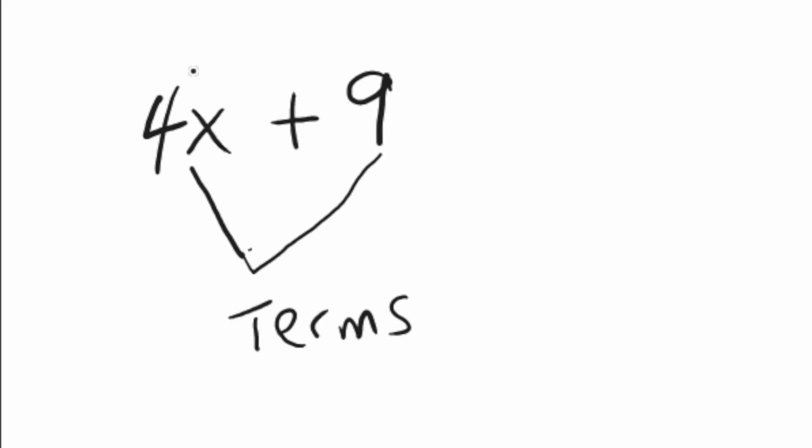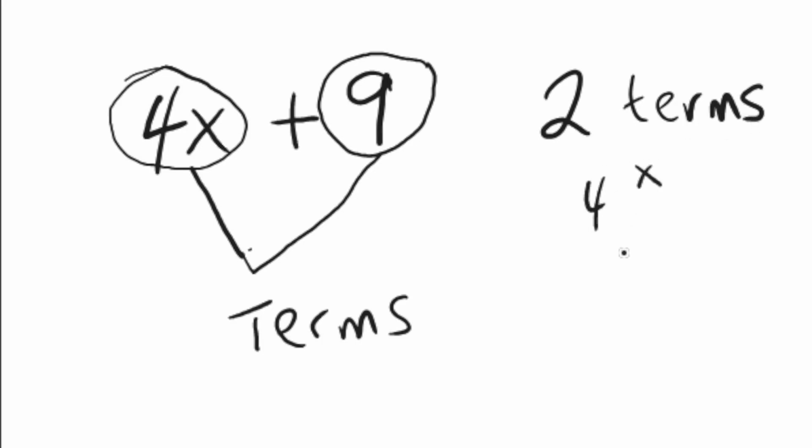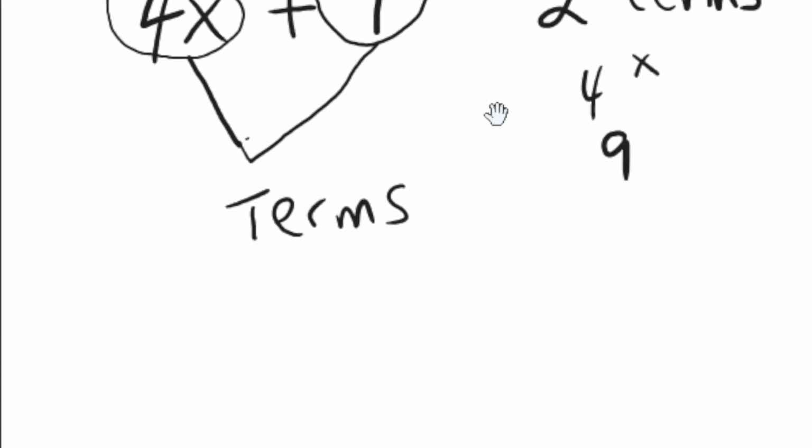So this algebraic expression has got two terms, which are 4x and 9. So that is how we are able to know what a term is.